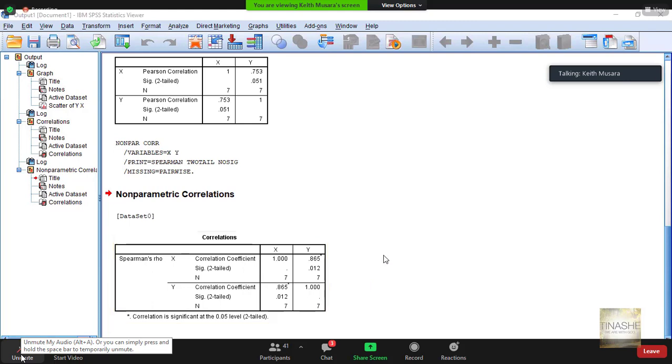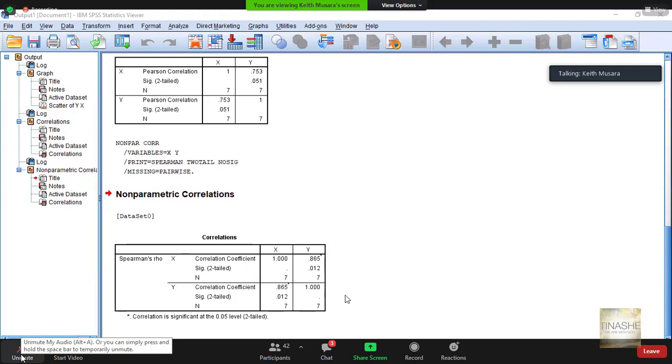So what's the rejection criteria? We reject H0 if the p-value is less than 0.05. In our case, our p-value is less than 0.05, which implies that you are going to reject H0. What it implies is that our rho subscript S is not equal to 0.